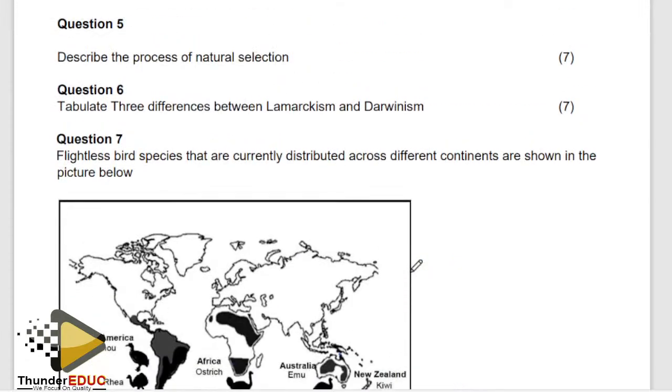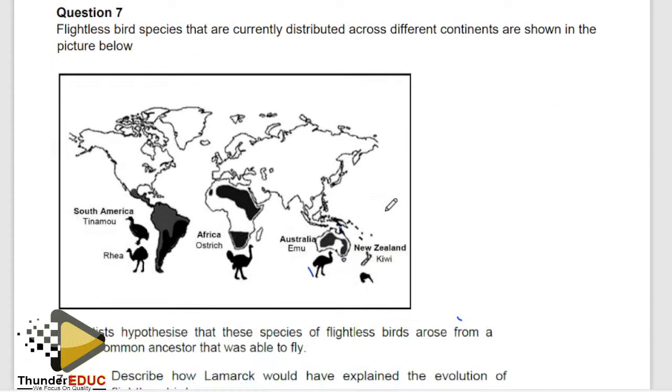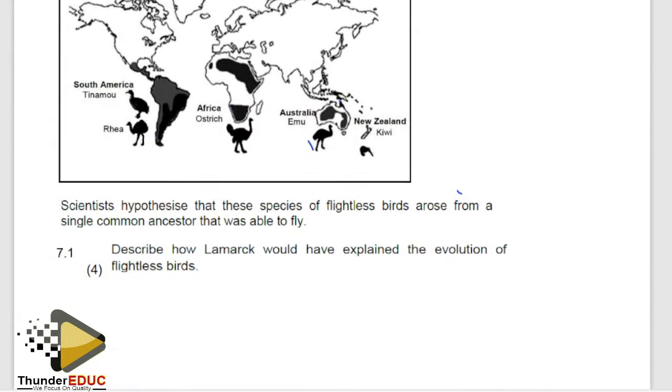But remember, they say that flightless birds are currently distributed across this one. So now if they had an ancestor, a common ancestor, let me check the question you said: a common high-flying small ancestral bird.